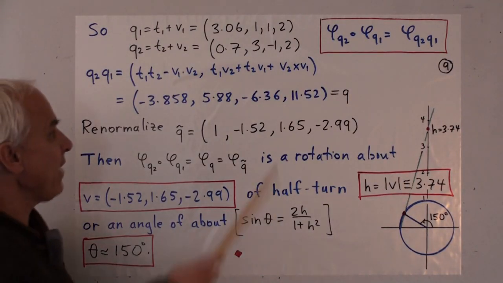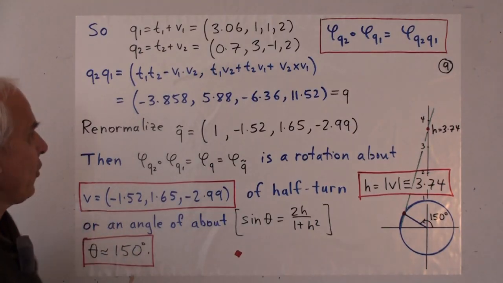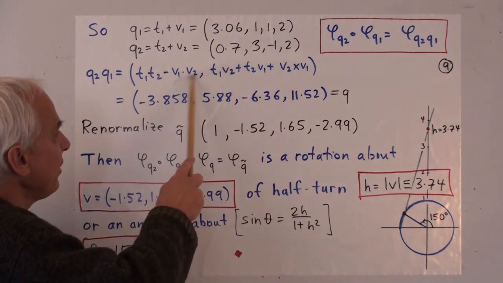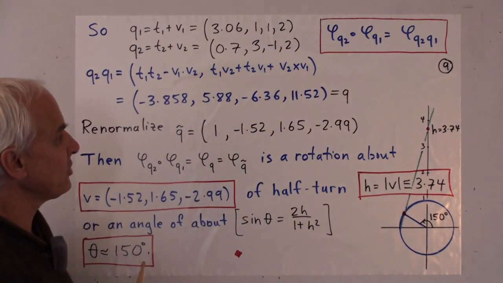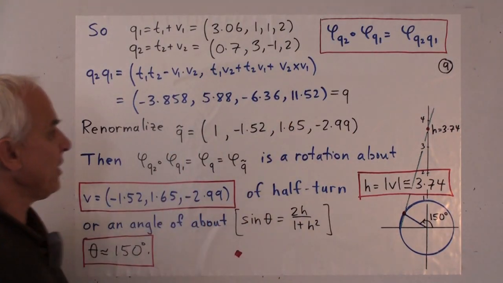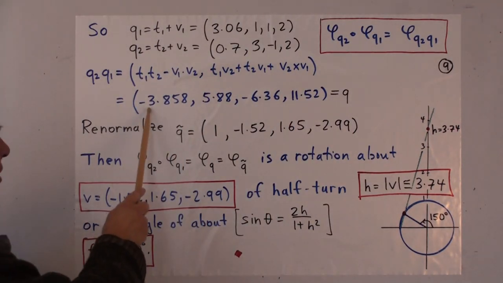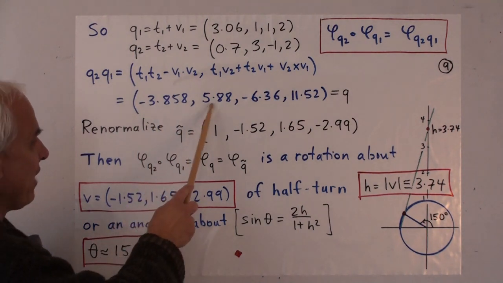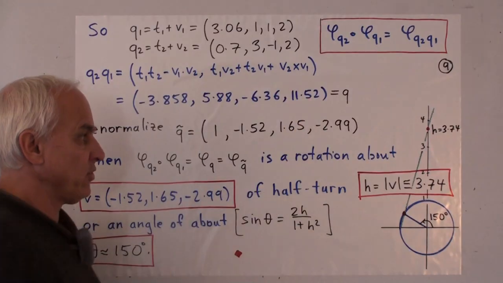All right, so then you have to make this multiplication. So you can compute the dot product between these two, not too hard. You can compute the cross product between those two and add them to these ones, and you will get this quaternion: minus 3.858, 5.88, minus 6.36, 11.52.